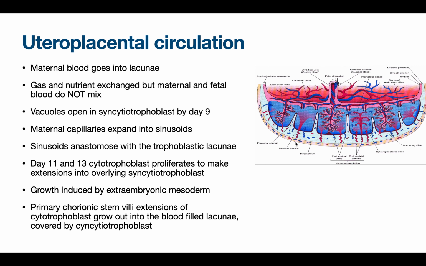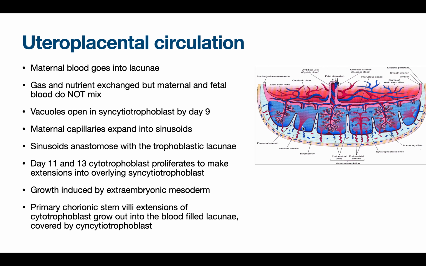That's where the maternal blood will go in. And then the maternal capillaries will expand into sinusoids, which are just larger vessels that are very tortuous, which means they curl. And the sinusoids anastomose with the trophoblastic lacuna, so they make a connection.